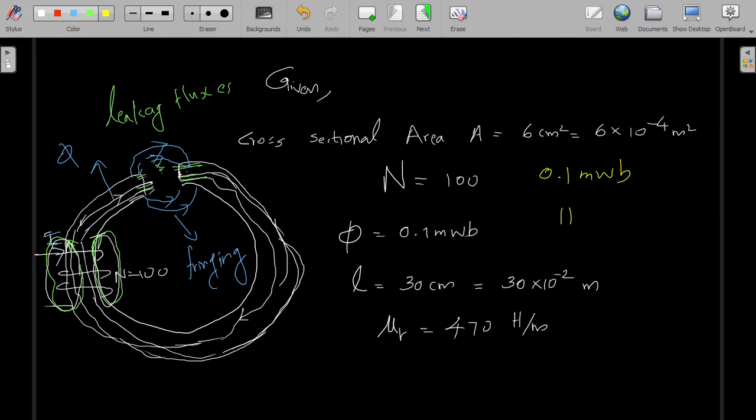Actually, first you find out the flux density B. That will be equal to phi by A, that means 0.1 into 10 power minus 3 divided by A, 6 into 10 power minus 4. That much Tesla.